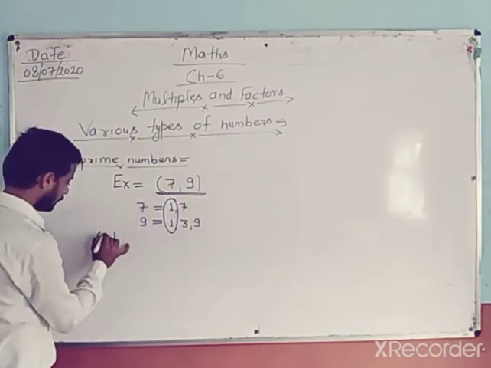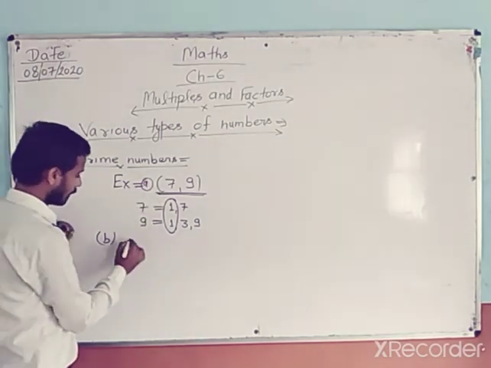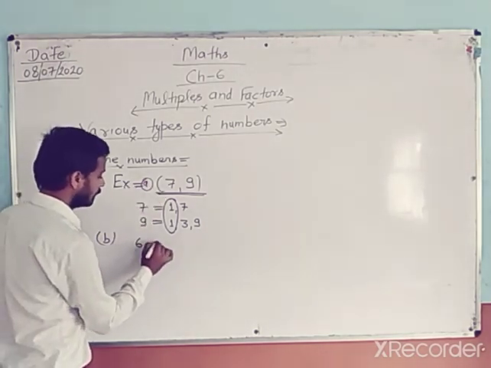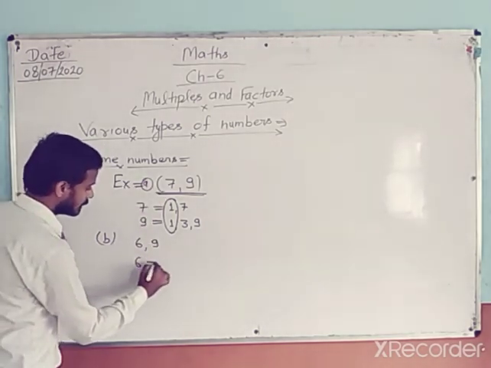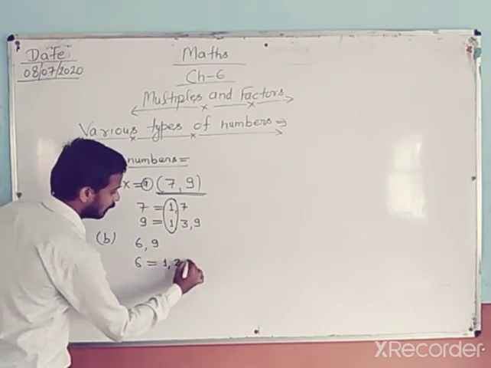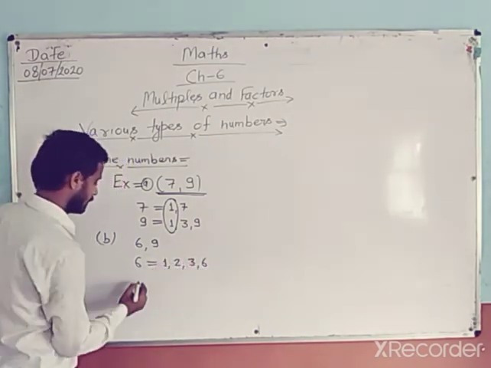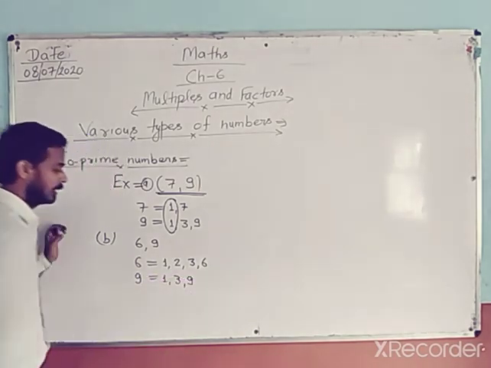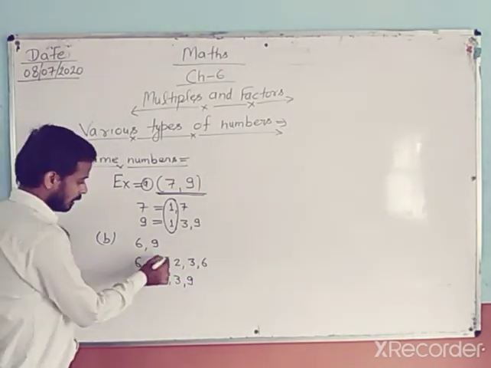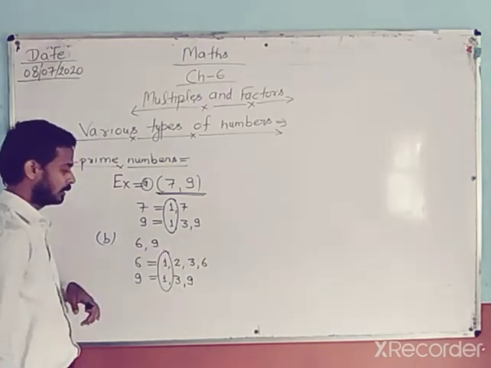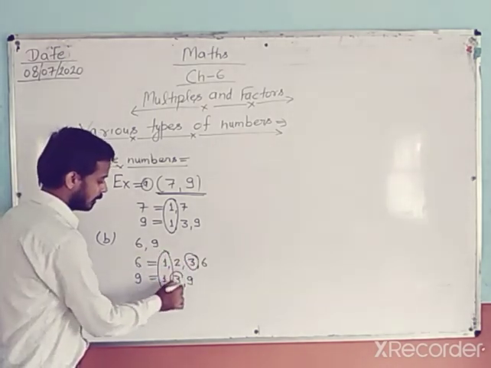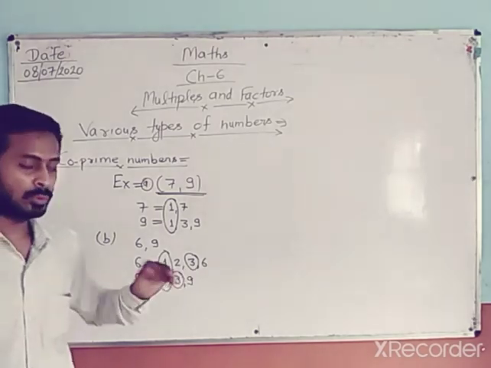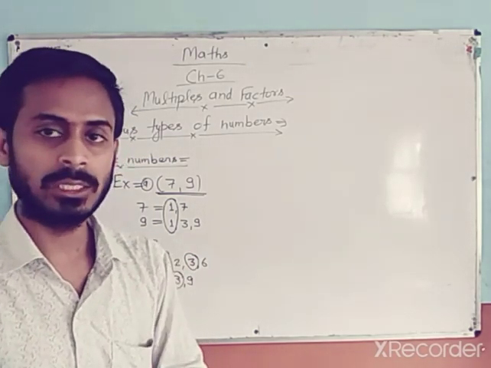See another example. Suppose 6 and 9. The factors of 6 are 1, 2, 3 and 6. Now 9: 1, 3 and 9. See, a common factor is 1 and you can see 3 is also there. Now they have two common factors, 1 and 3.